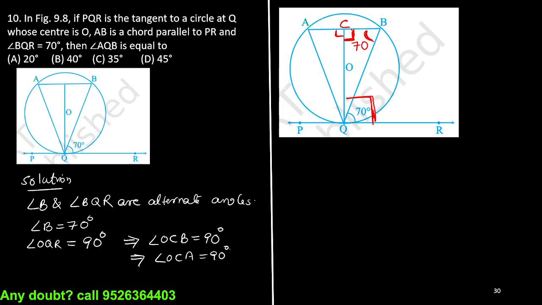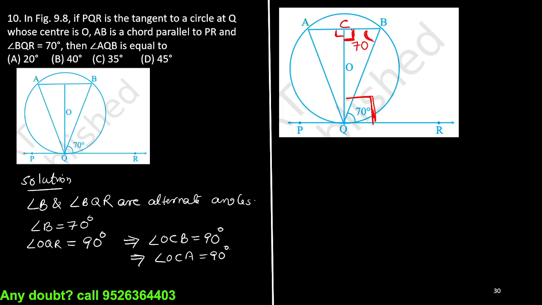So I can easily prove that this angle A is 70 degrees. Actually this picture looks like an isosceles triangle. Since it is 70 degrees, I can easily prove that this angle A is also 70 degrees. It is not difficult. For that purpose, we will prove that these two triangles are congruent.